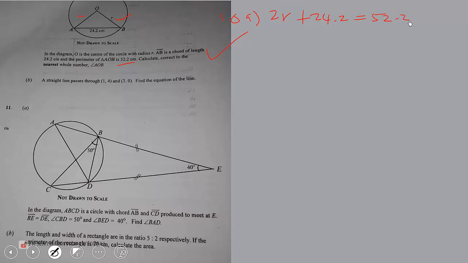So when we solve this, we get 2r is equal to 52.2 minus 24.2, which is 28. Dividing through by 2, we get r to be equal to 14 centimeters.